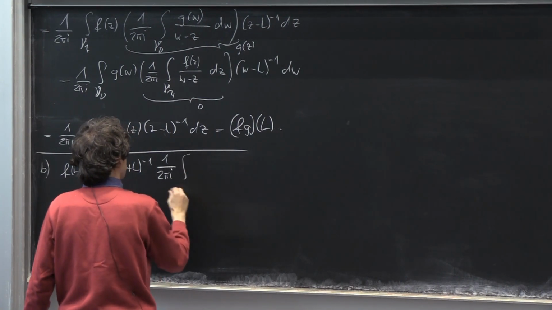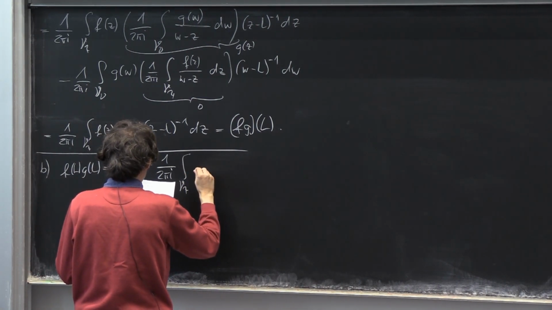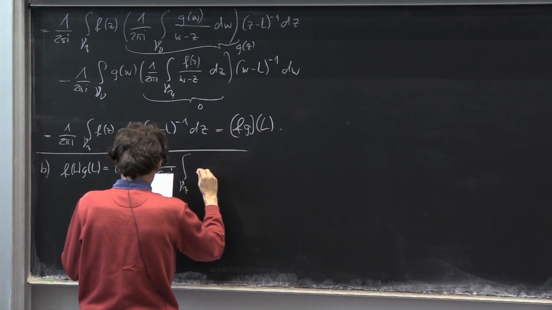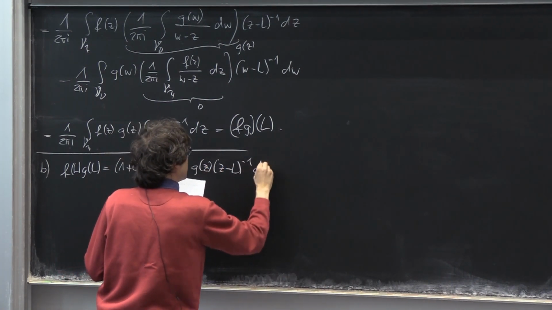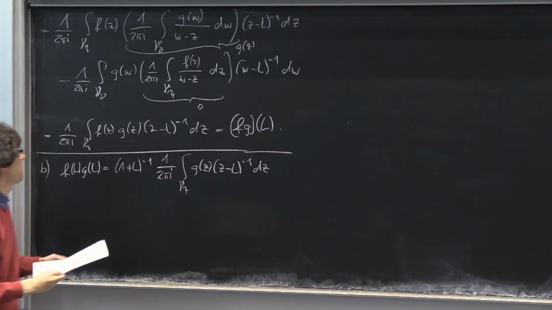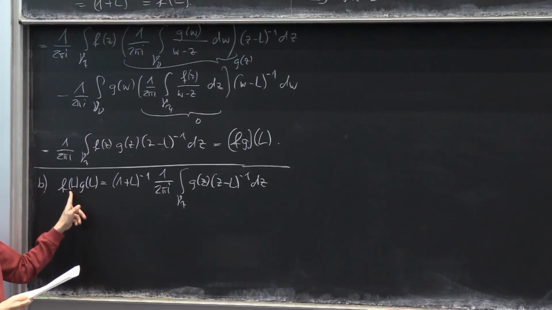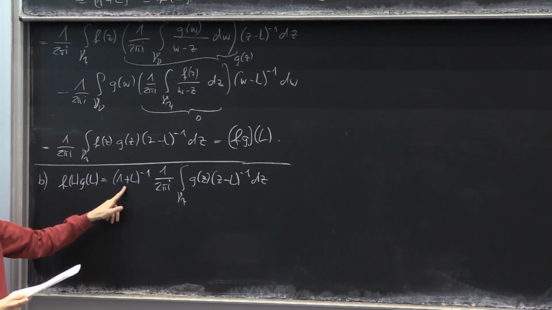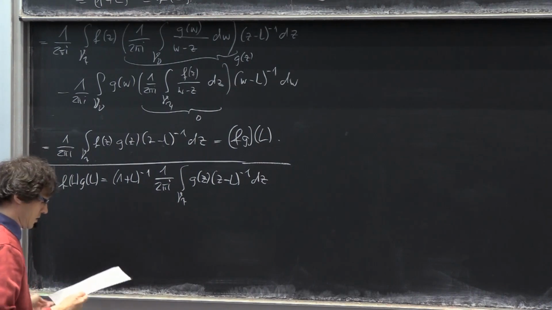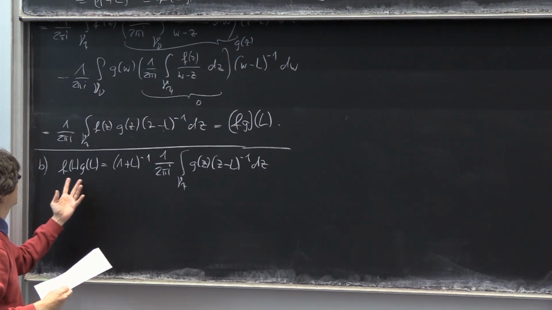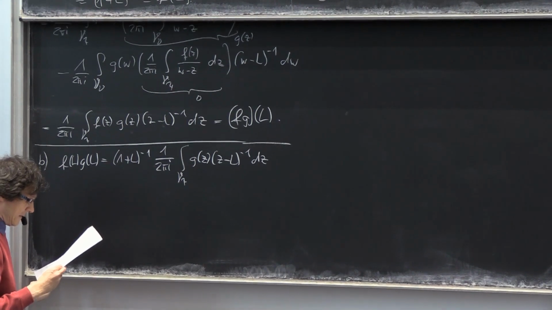So this is 1 over 2 pi i integral gamma psi f g of z, z minus L to the minus 1 dz. So this is by definition of the functional calculus. F is 1 plus z to the minus 1, so this is the corresponding operator. G is in H infinity 0, so this is the corresponding operator. And we somehow have to prove that this is the same as f times g and then plugged in L.